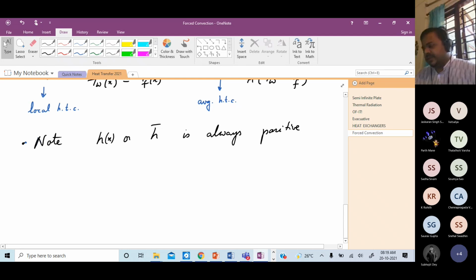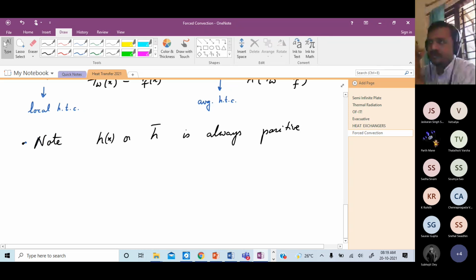Let us take the simple case of flow over a flat plate which is heated, and a cold fluid is flowing over a hot surface. What would the heat transfer coefficient be depending on?